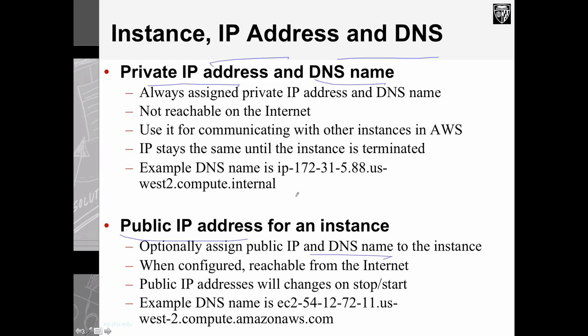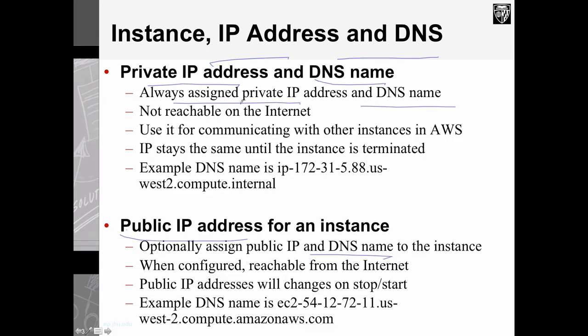So there are 4 pieces of networking information that we'll talk about. When you start an instance, the private IP address is always assigned to your instance, and the private DNS name is also assigned. So these 2 pieces of information are always assigned to your EC2 instance.